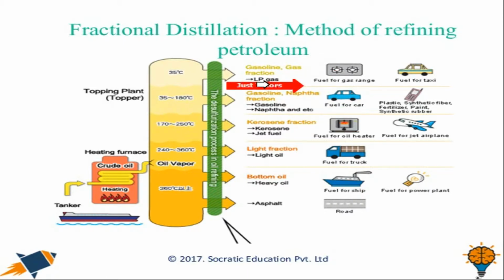For example, LPG is used at home, and as a fuel in taxis as well. Then fuel for cars, fuel for oil heaters, trucks, diesel is used as fuel for trucks, and so on. So you can see that so many uses are there for petroleum.